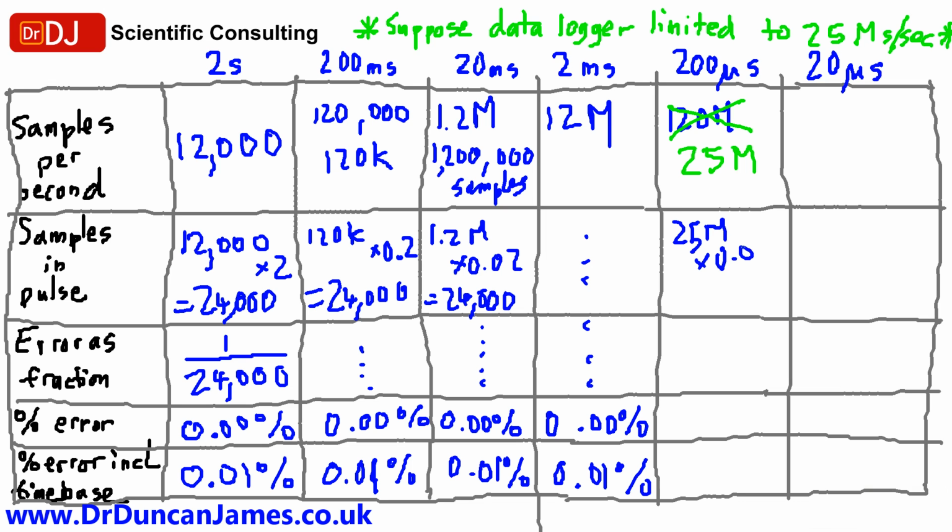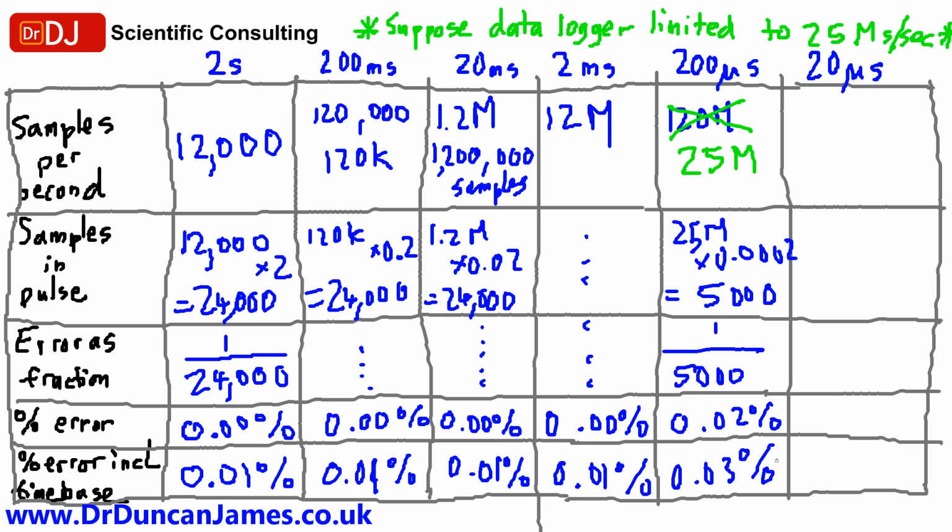We times it by 0.0002, which gives us 5,000. Okay, so now it's 1 out of 5,000 as a fraction, which gives us 0.02% rounding to 2 decimal places. And let's add in the error from the time base of the data logger.